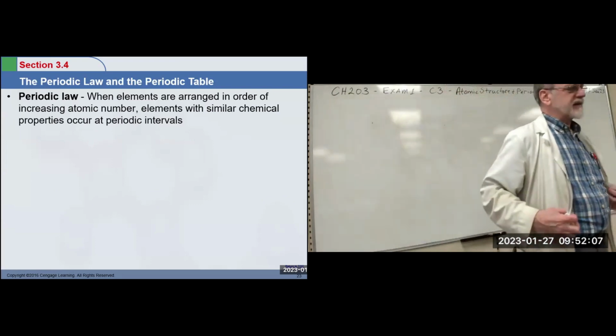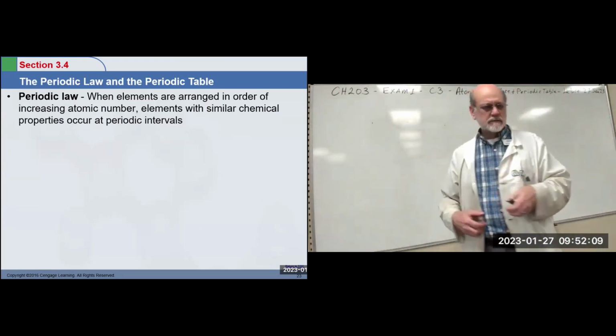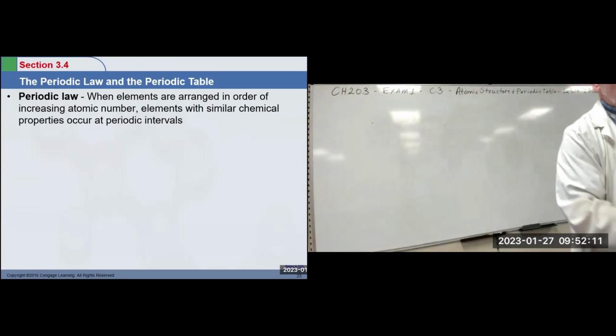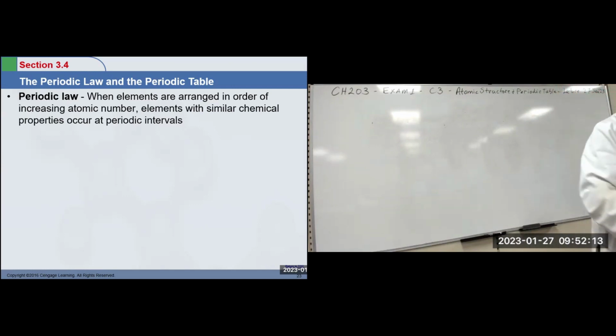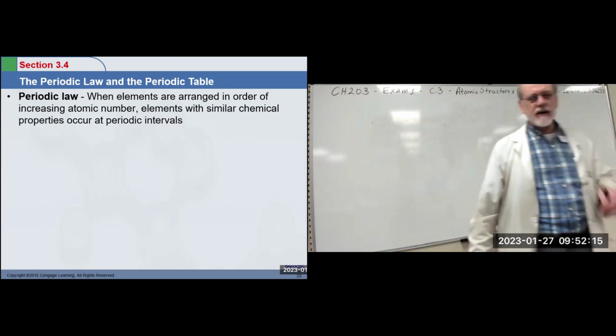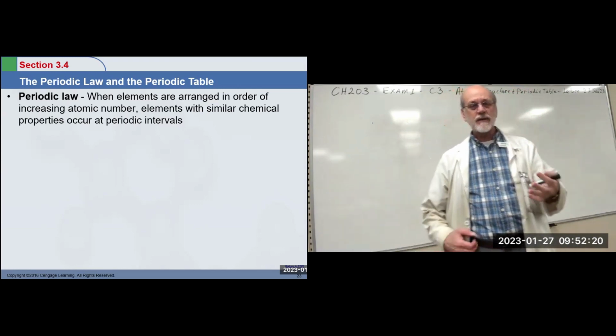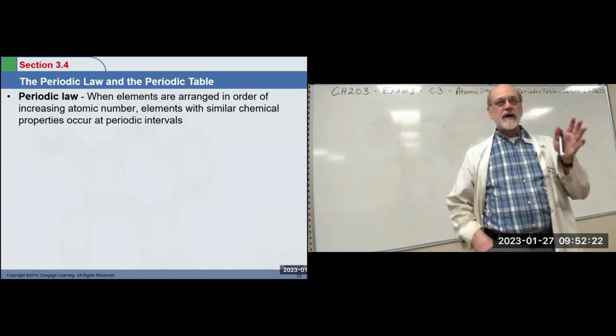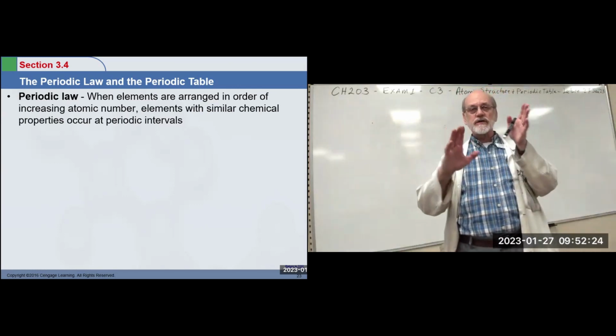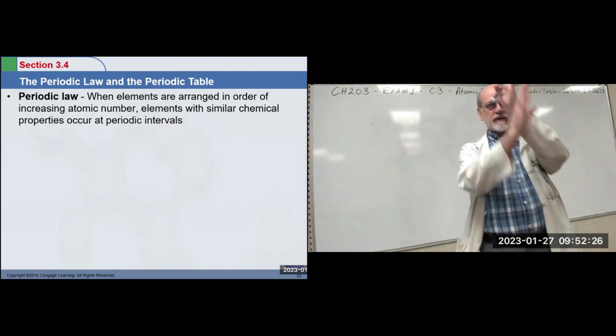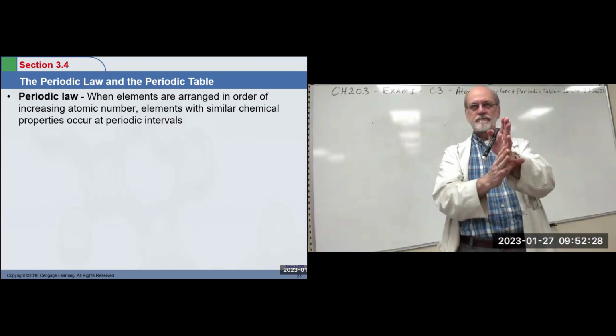Okay, let's get to the periodic table. The periodic law simply says that when elements are arranged in order of their increasing atomic number, the elements with similar characteristics are located in the same groups.